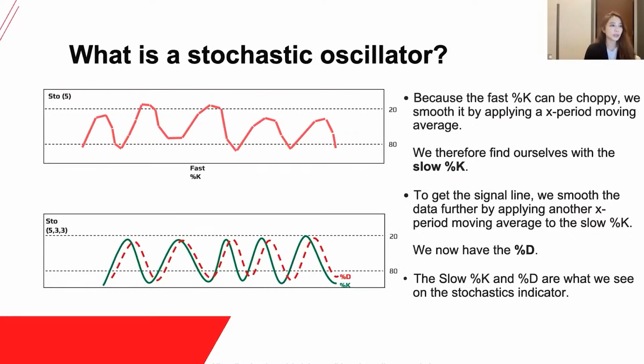Stochastics has two components. You will have percentage K and percentage D, which is shown in the bottom figure.